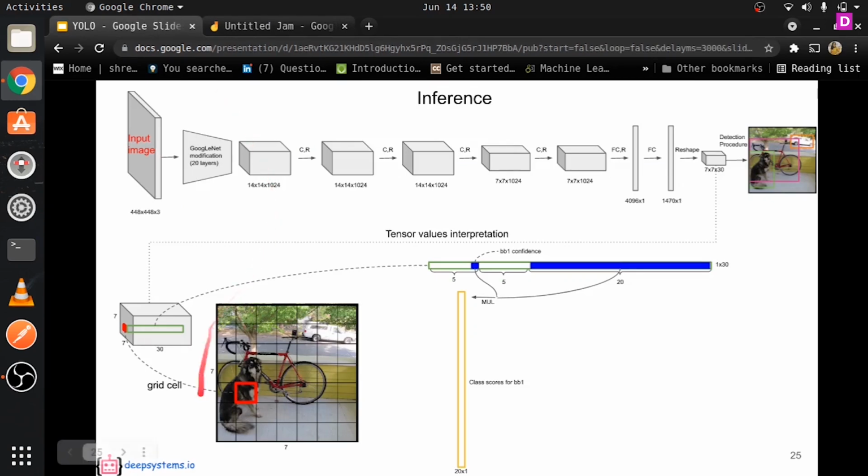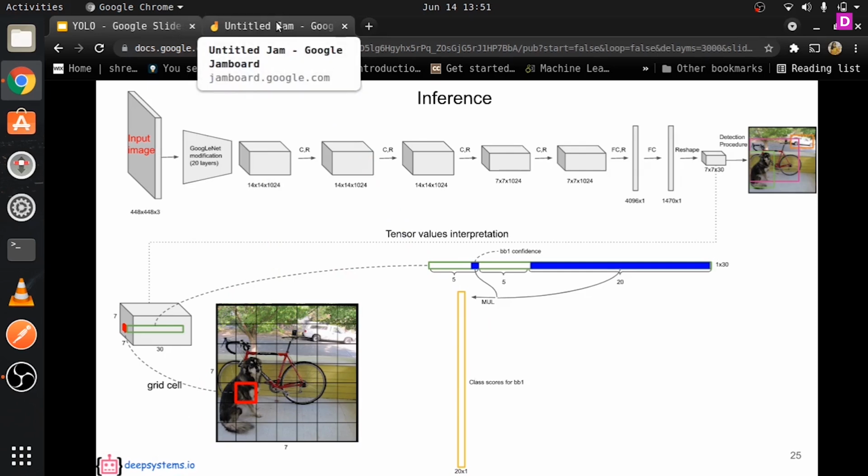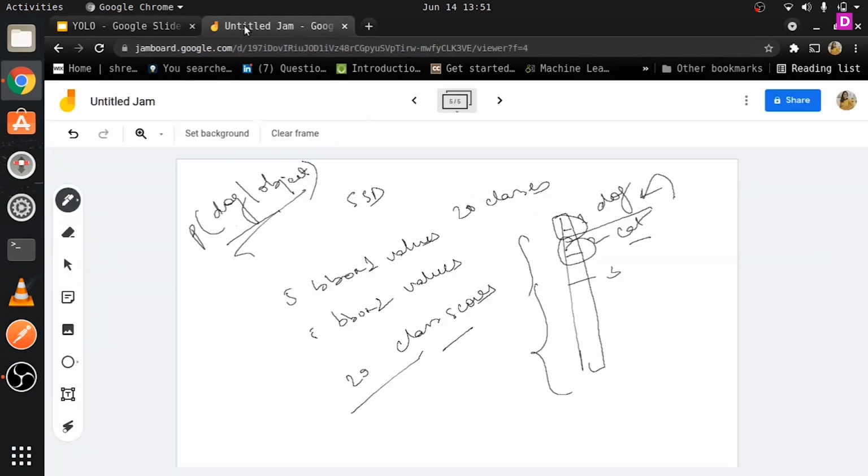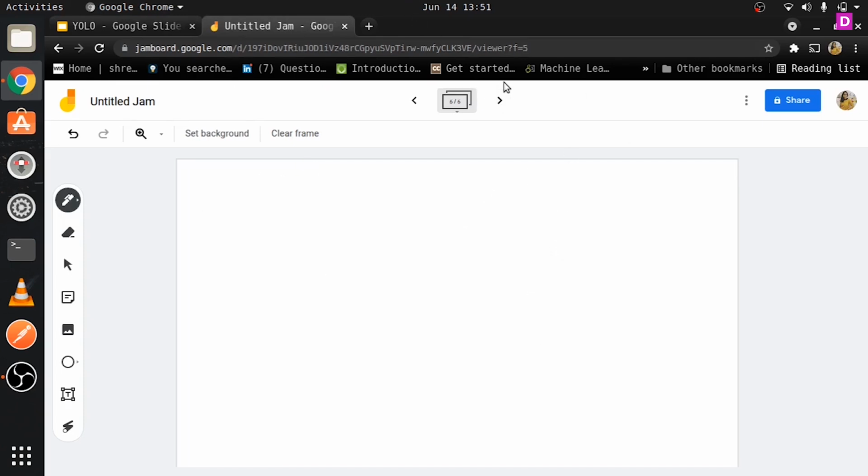Let's get back here. What you will be doing now is finding out class scores. So how do you calculate the class scores? Your class score is basically your confidence score multiplied by the probability of the class value. All right, so you were getting the 20 values. Now you will be calculating class scores.